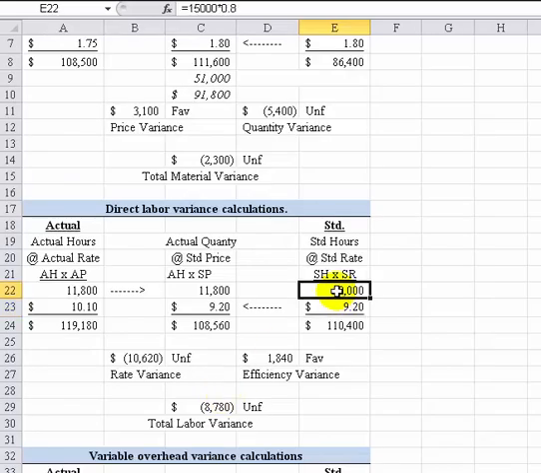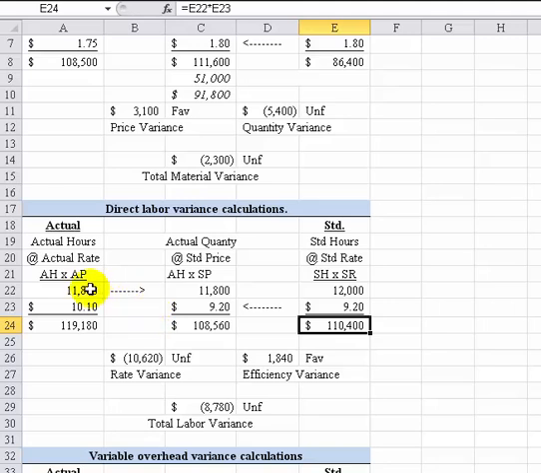So again, we're going to have to do a little bit of multiplication. 15,000 pools times 0.8 says we should have used 12,000 hours at $9.20 standard rate, meant we should have spent 110,400. Well, this time there's no difference between the labor we purchased and used in production. It all gets used.